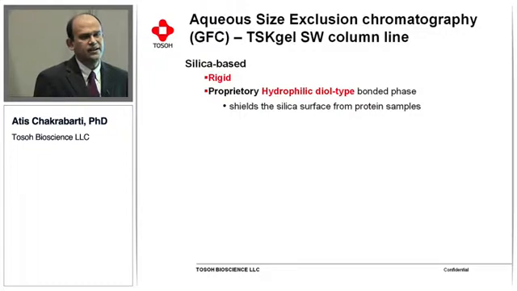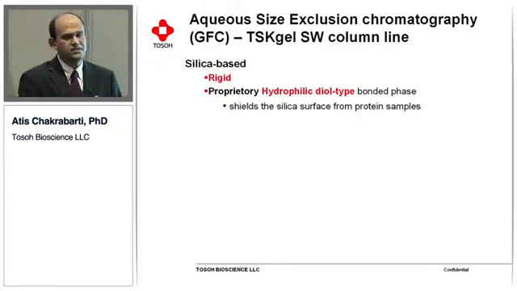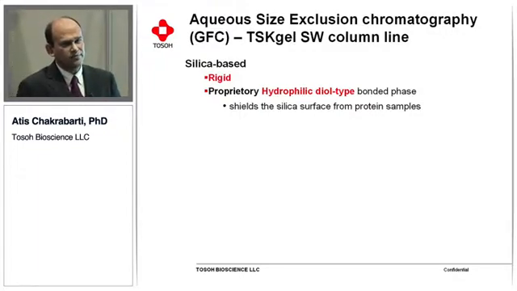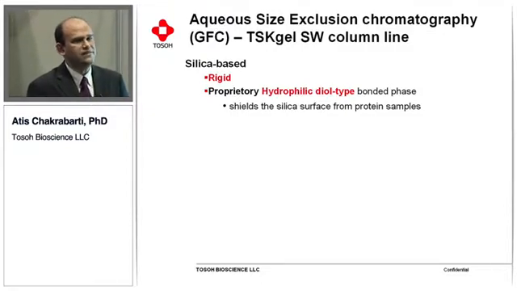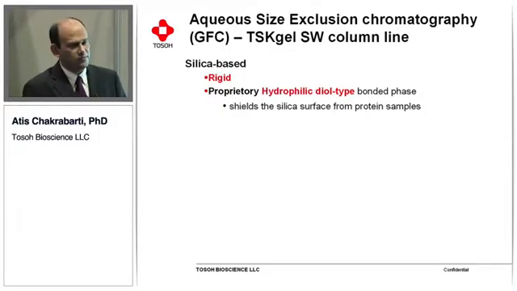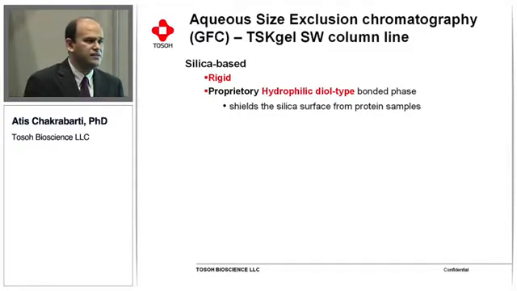As I said, the basic principle of SEC is that the column will separate just on the basis of the hydrodynamic radius of the molecule. That is the molecular sieving mechanism, which you have to somehow enhance to get better separation as a function of size, but that's not the ideal situation.